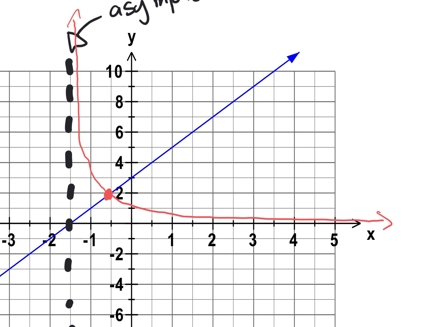So the red curve I just drew is still not going to touch the x-axis. It's going to get infinitely close to the x-axis, but it'll never touch it. So actually, the x-axis also acts as a horizontal asymptote. The graph will never touch it either.